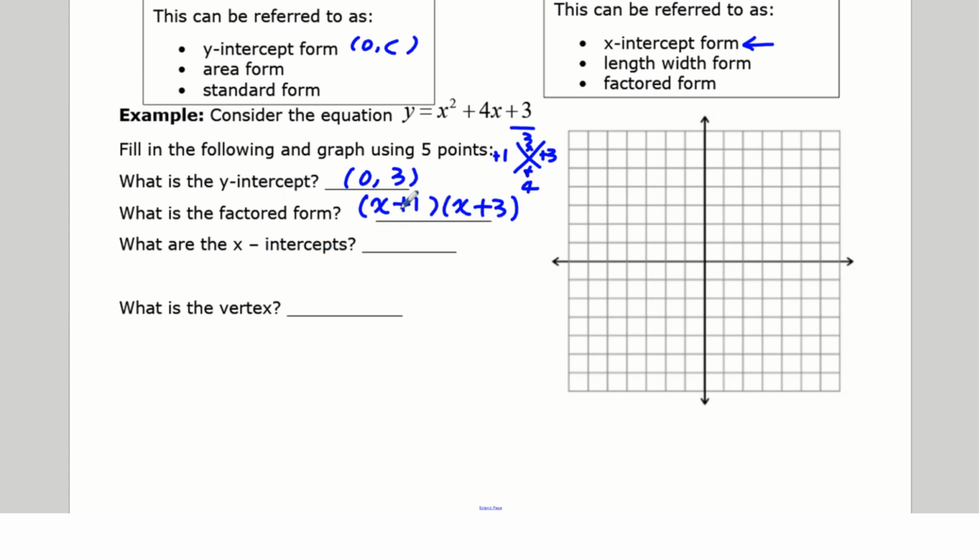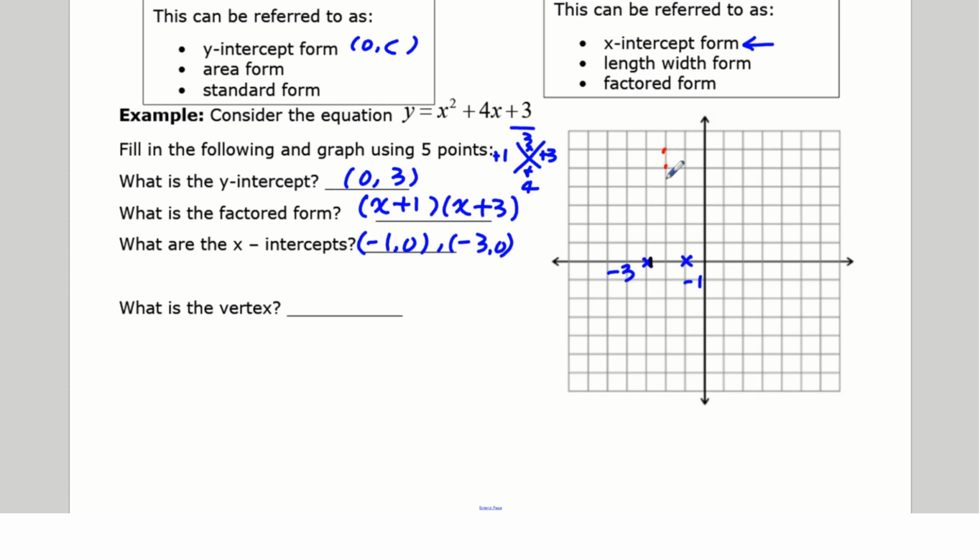The x-intercepts come from solving each factor equals 0. So x plus 1 equals 0. Solve for x, move the 1 to the other side and it becomes opposite: negative 1, 0. Another one, negative 3, 0. From these two x values, negative 1 and negative 3, we want to find the midpoint.